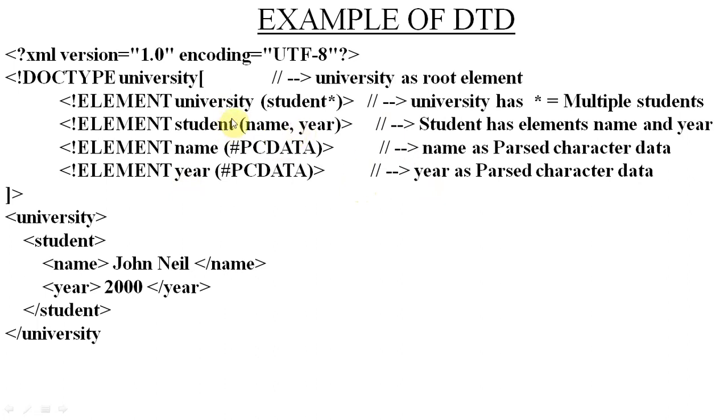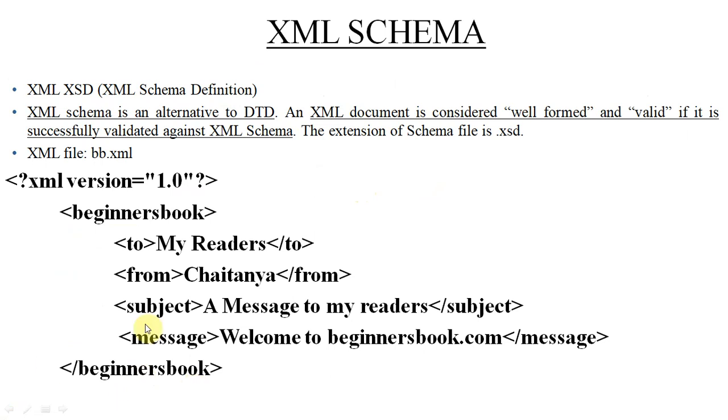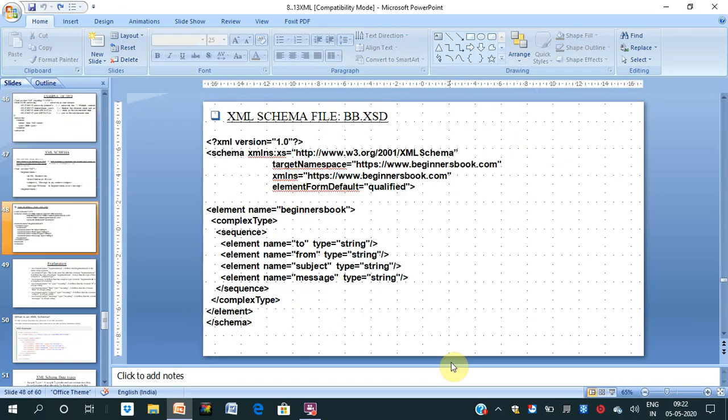The outer element is university. You can see university starts from here and is closed here. This is a very important program.